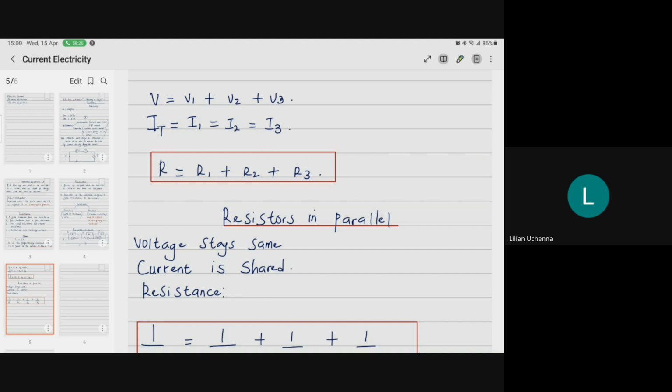But your battery on its own has an internal resistance, which impedes the motion of current through the battery, or through the cell. Let me call it the cell now. That's the internal resistance, the one inherent in the cell itself. Basically, it is offered by the electrolyte inside the cell.